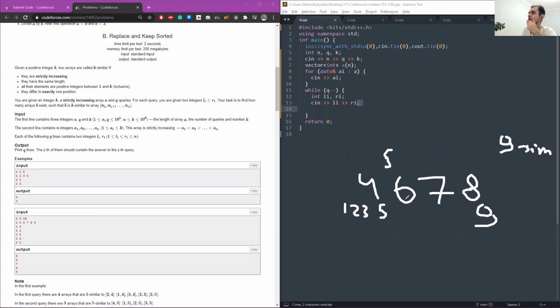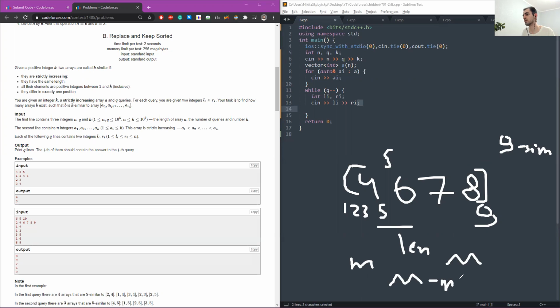And the point is that every integer between 4 and 8 gets used twice. So we have the minimum, the maximum, and the length. And I'm guessing the answer is capital M minus small m minus len.